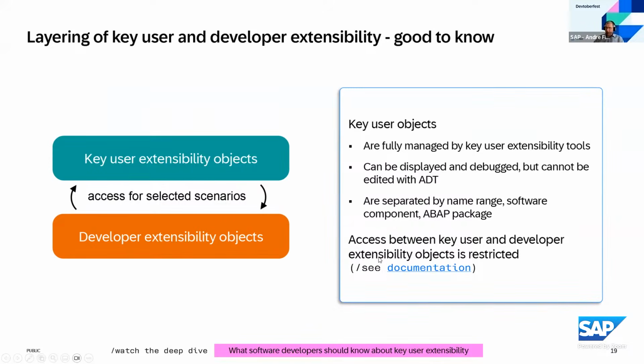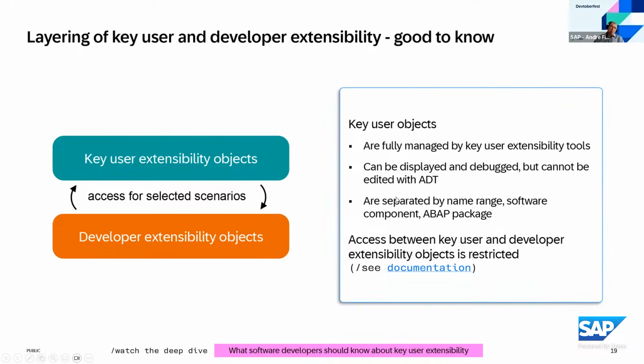Here we will provide the link to the documentation that explains in more detail what types of access are possible and what not. So what else? The key user objects, you can even debug them with ADT, but not change them.